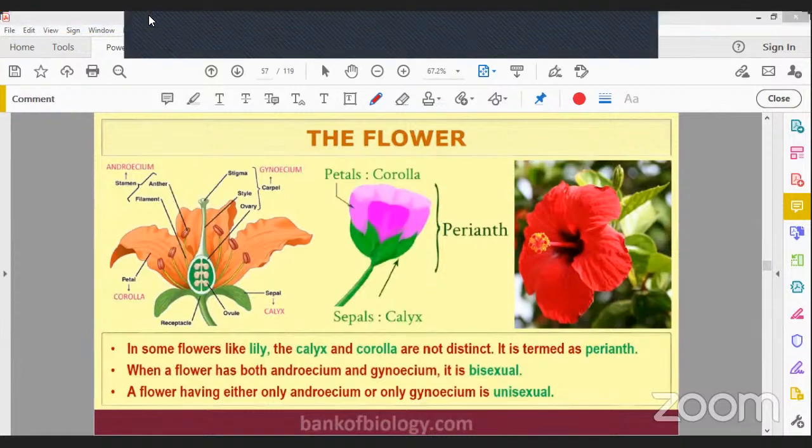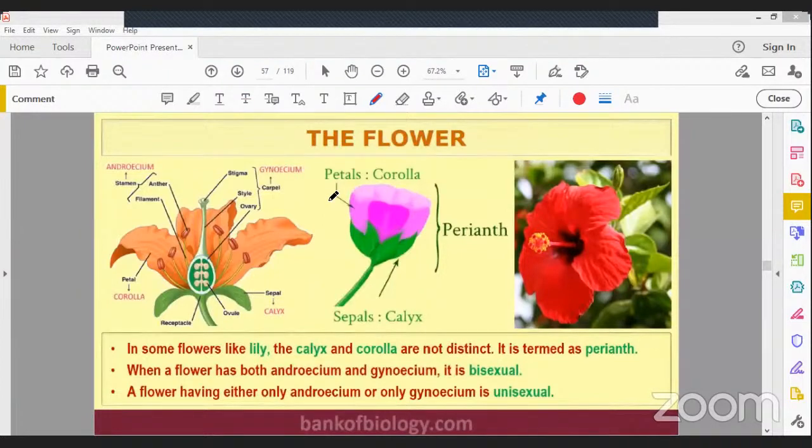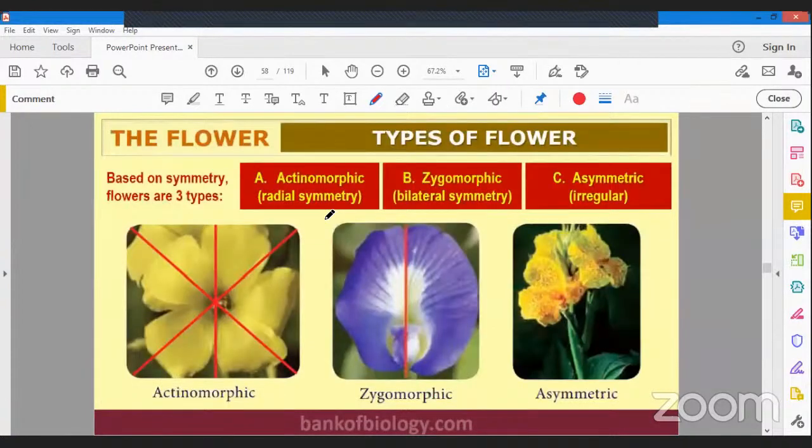So take it down. Done. So we go to the next part.